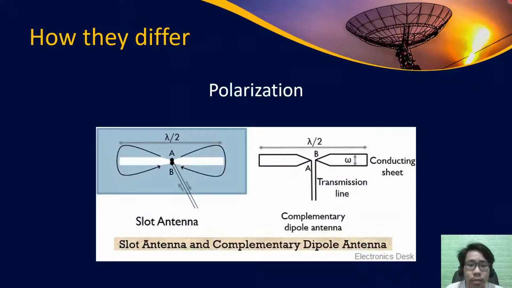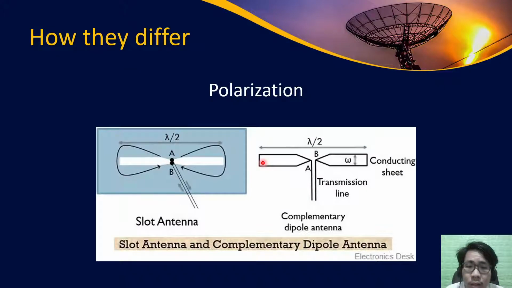So here is our diagram. For the slot antenna here, we have a horizontal polarization because the waves here are propagating horizontally, whereas for the complementary dipole antenna, here is our dipole with a length of half of the wavelength.